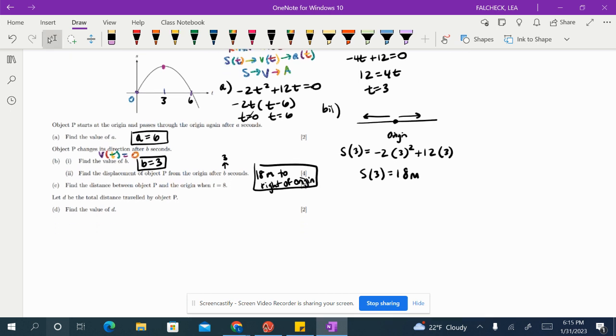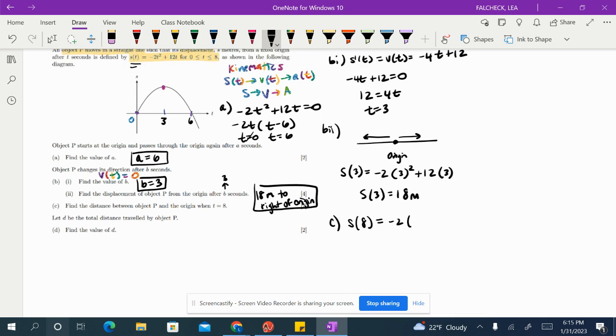And then C. Find the distance between object P and the origin when time is equal to 8. What we're going to want to do here is find S of 8. So we've got negative 2 times 8 squared plus 12 times 8.